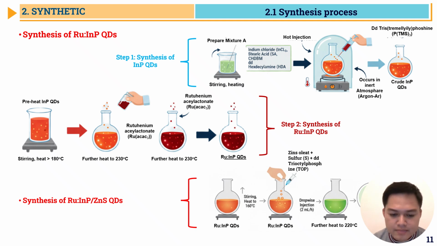Then ruthenium is added by heating with a ruthenium salt. Finally, the zinc sulfide shell is formed by injecting zinc and sulfur precursors at high temperature. This produces the final ruthenium-doped indium phosphate zinc sulfide quantum dots.